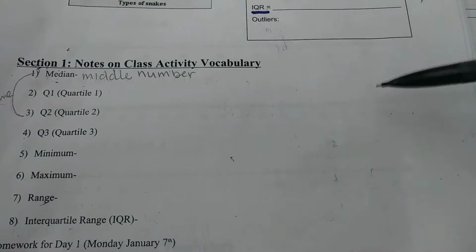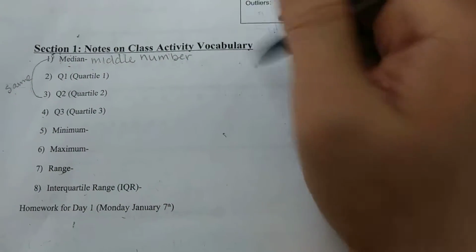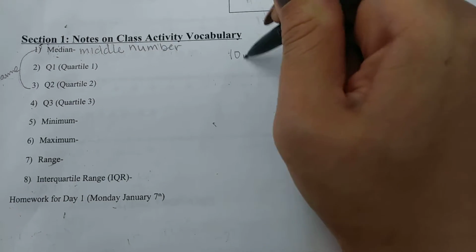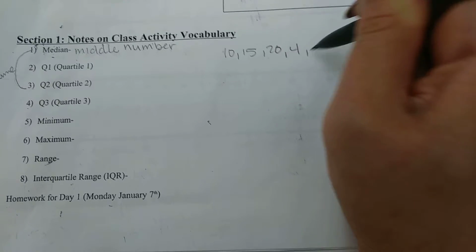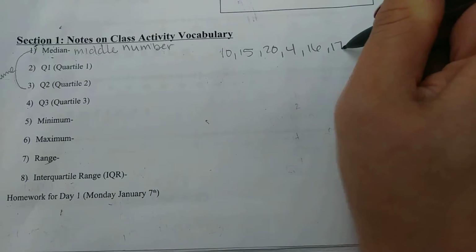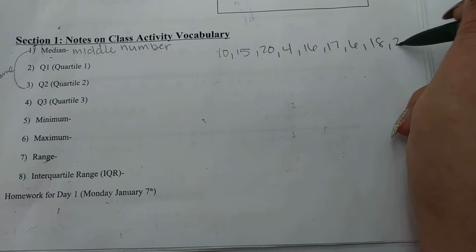It just looks like a list of numbers. The data we have today is 10, 15, 20, 4, 16, 17, 6, 18, 20, 14, and 17.